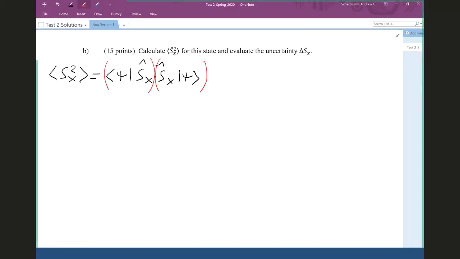Anyway, so we already know, let me copy from the first part of the problem, that we calculated that Sx psi is h bar over 10 times 4 root 6 |3/2> plus 3 root 10 e to the i pi |3/2> plus 4 root 10 |3/1> plus 3 root 12 e to the i pi |3/1>.